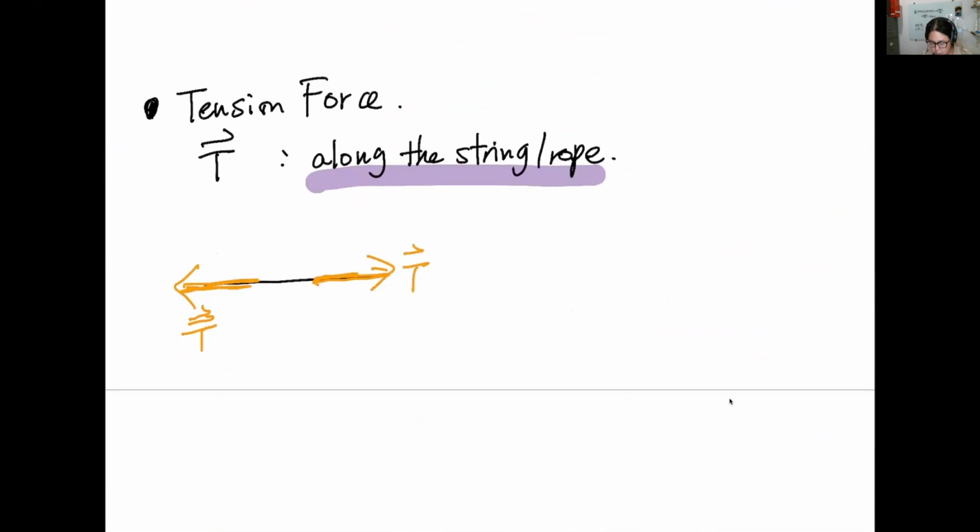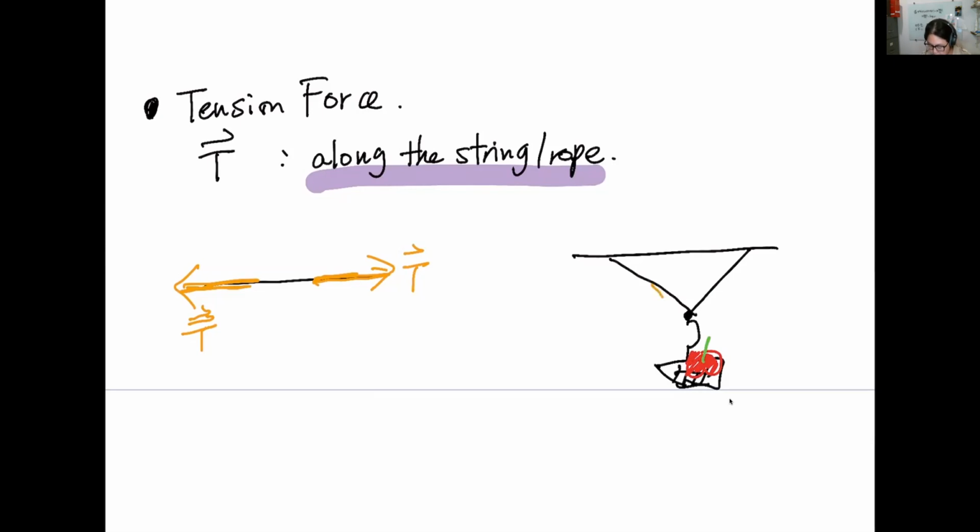So for an example of the tension force, what if I have two ropes hanging like this, holding a basket with, let's say, apples in it. Then draw the direction of the tension force on these two strings.